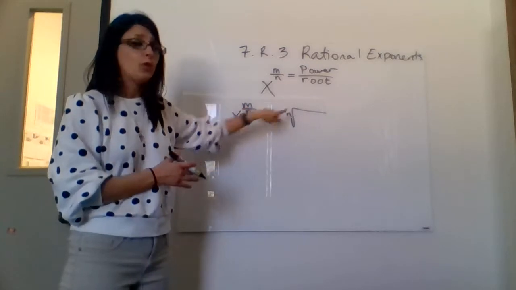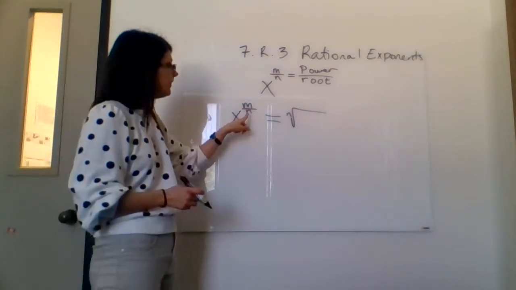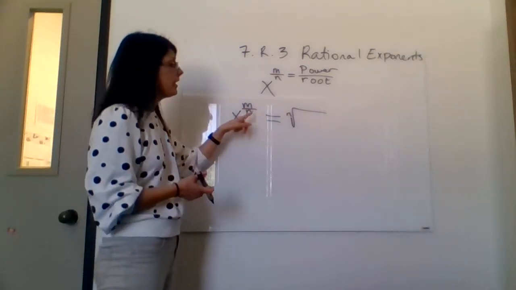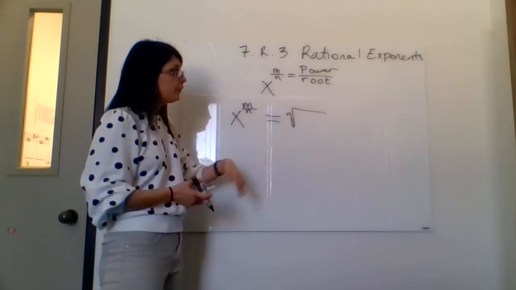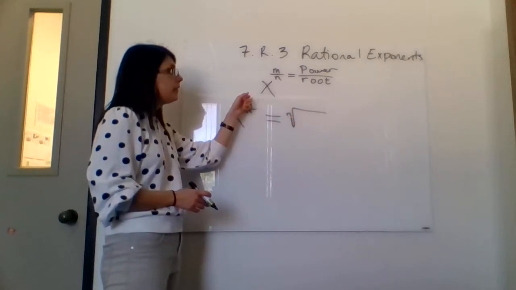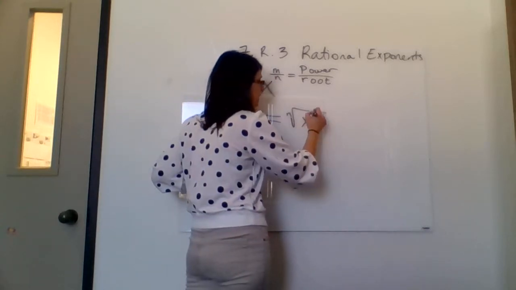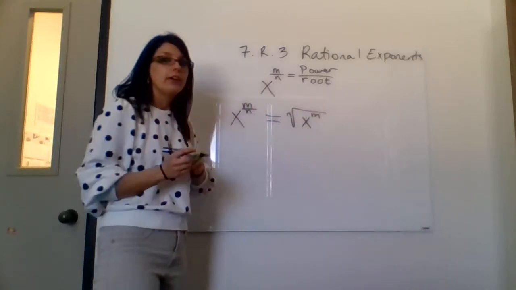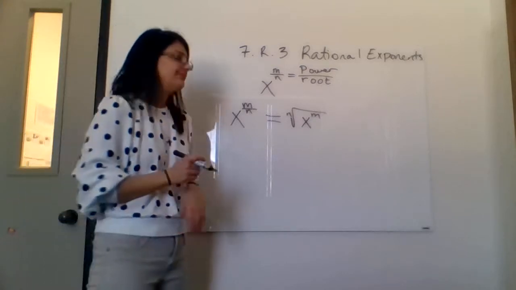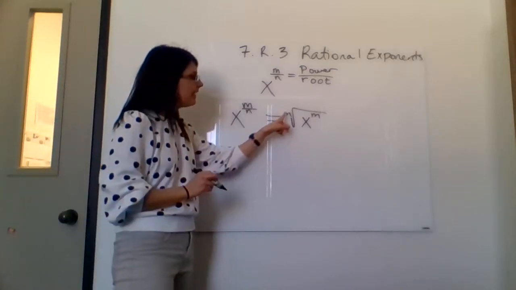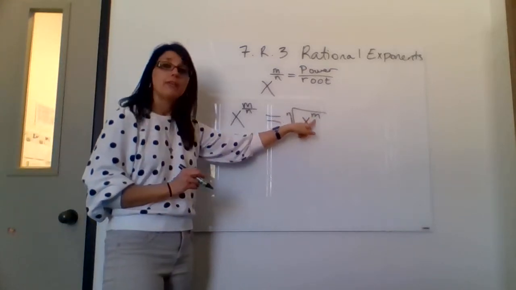A fourth root, I'd have a little 4 out there. So the n in the denominator of the power tells me that I am taking the nth root. The m in the numerator is telling me that I'm raising that base to the mth power. So I have the nth root of x to the power of m.